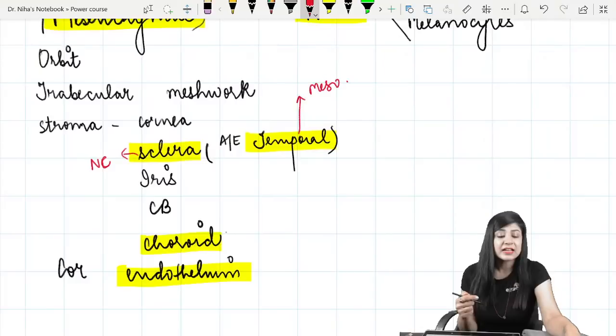Similarly, in the choroid, the stroma of the choroid will come from neural crest, and the choroidal capillaries will come from mesoderm. And the corneal endothelium is coming from neural crest, while the vascular endothelium will come from mesoderm.